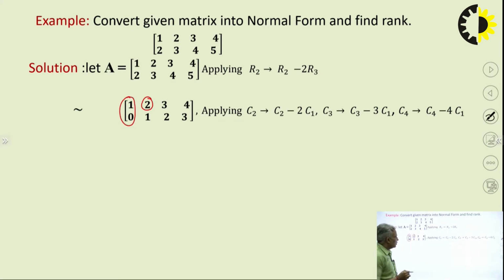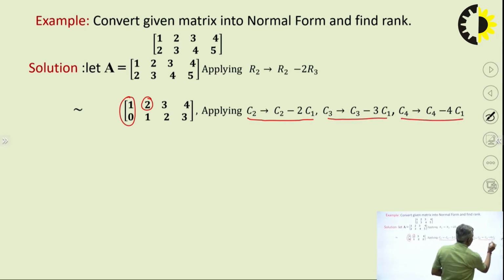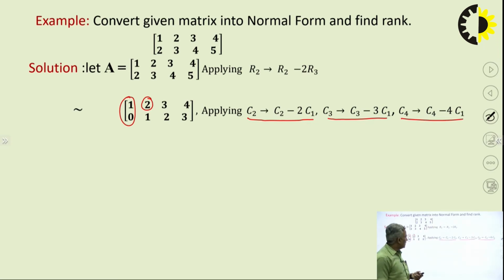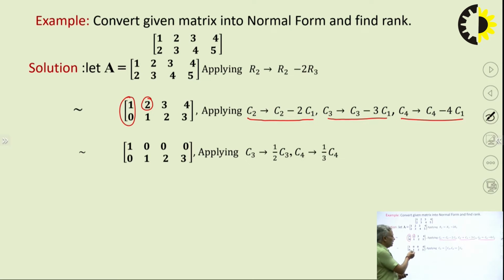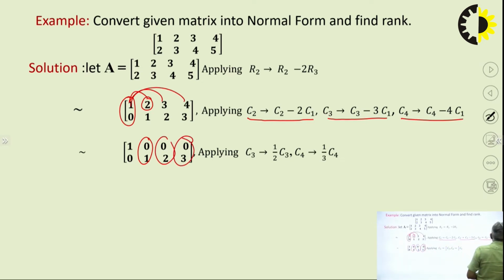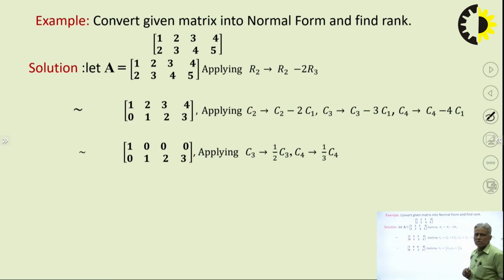I apply C2 arrow C2 minus 2C1, C3 arrow C3 minus 3C1, and the next operation C4 arrow C4 minus 4C1. In this way we can calculate the other form. This reduces to 0, 2 minus 1 0 here, 0 1, 3 minus 1 0 2, 4 minus this and 0 2. So in this way we can calculate this format by using elementary column operations.